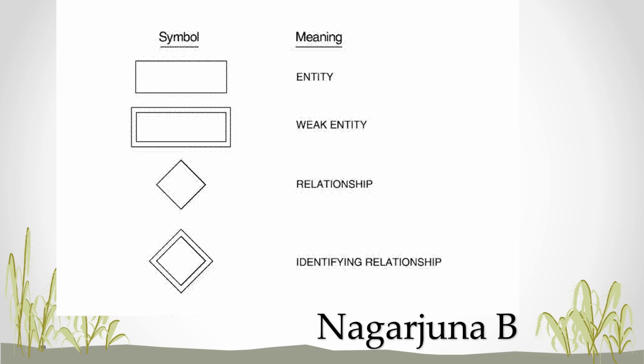Identifying relationship will be written by writing the name of a relationship within the double diamond symbol. For example, employee to dependent, in that case we are going to use this identifying relationship symbol, and within that one we are going to write identifies.